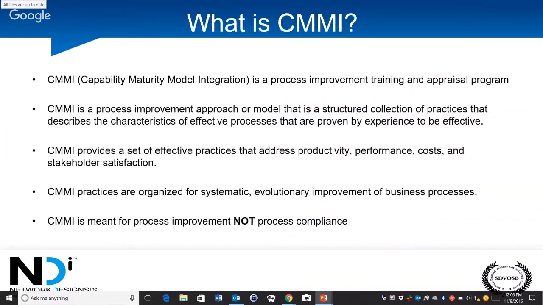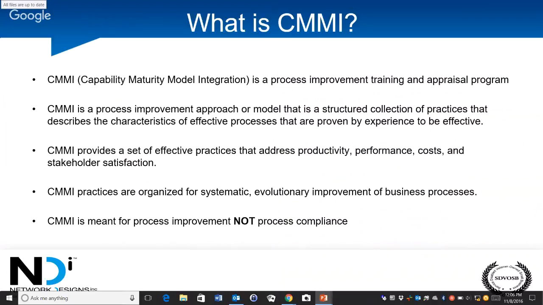So first of all, what is CMMI? Why are you here? What's the reason that we're even talking about this? Well, CMMI stands for Capability Maturity Model Integration, and it is a process improvement training and appraisal program in order to allow our company or any company to improve on their processes in order to improve their efficiency and ultimately to improve on their product.